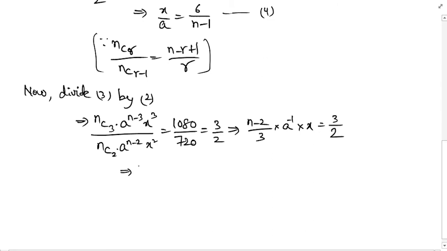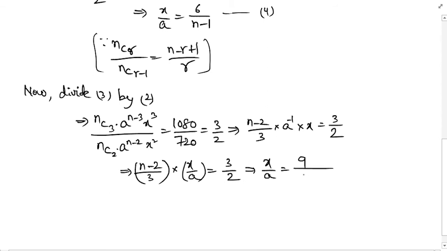That implies (n-2)/3 times x/a is equal to 3/2. So that implies x/a = 9/(2(n-2)). We will consider this as 5.